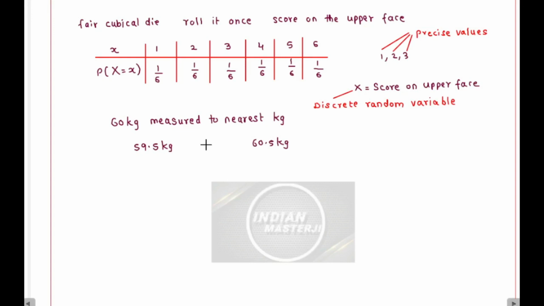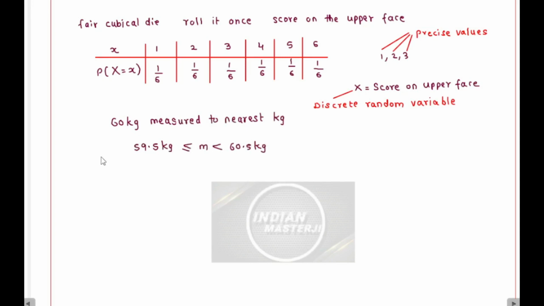Suppose I represent my mass with the letter small m, so m can take a value between 59.5 kgs and 60.5 kgs, 60.5 kg not included. This you might have studied in the lower grades also. This is the lower bound and this is the upper bound.